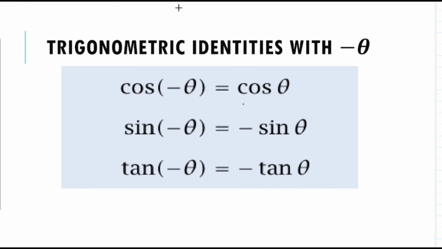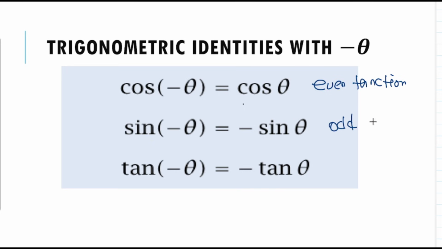Alright, trigonometric identities involving negatives. When you have this negative sign, they make meaning. So cos minus theta is always equal to cos theta. We saw the proof under negative angle. So cos is an even function. We are going to understand more on this when we get to trigonometric graphs.